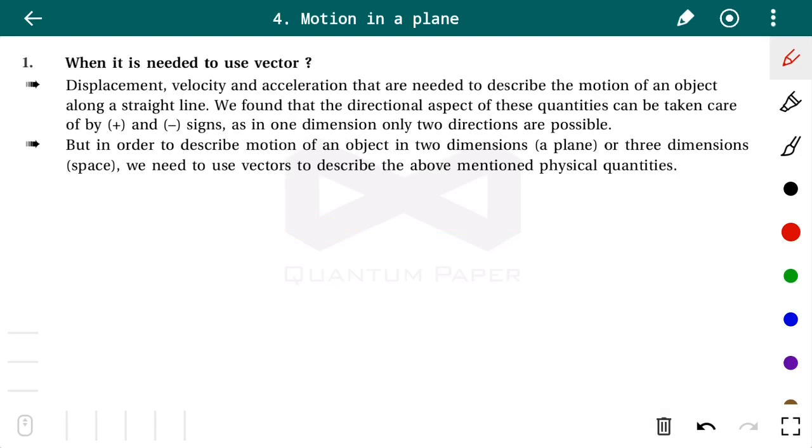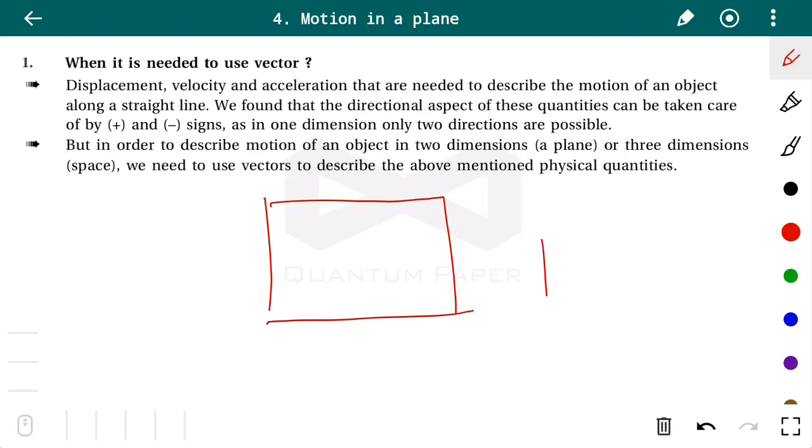But when we talk about two dimensions and three dimensions, two dimensions means the object is moving in a plane. Let us consider a rectangular path. Then the motion of the object is said to be in two dimensions, that is, in a plane.